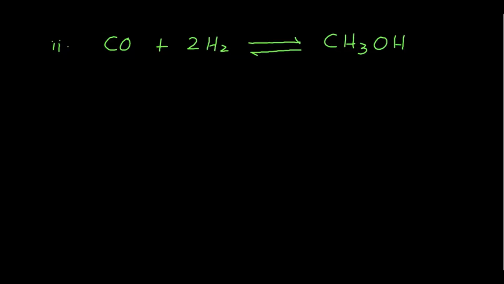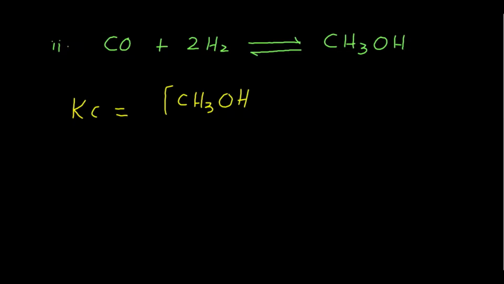I hope it is clear to you, students. Now students, we will see the next question. The next question is the reaction of carbon monoxide with hydrogen to form methyl alcohol. We are asked to write the Kc expression for this reaction. Kc is equal to, what is the product of this reaction, students? Yes, this is methanol, so it should be written in the numerator, CH3OH.